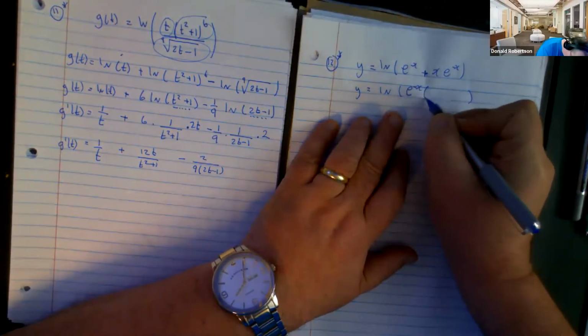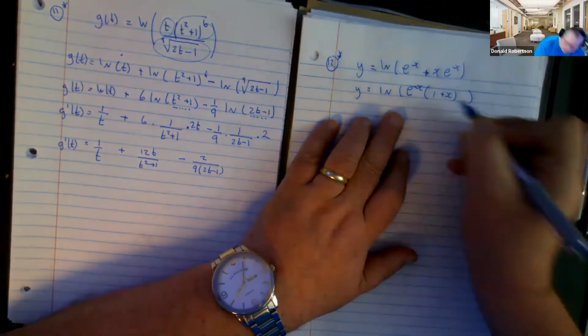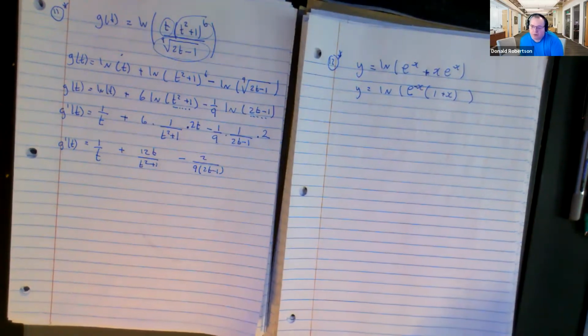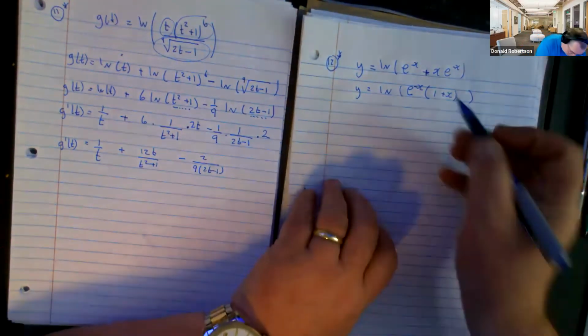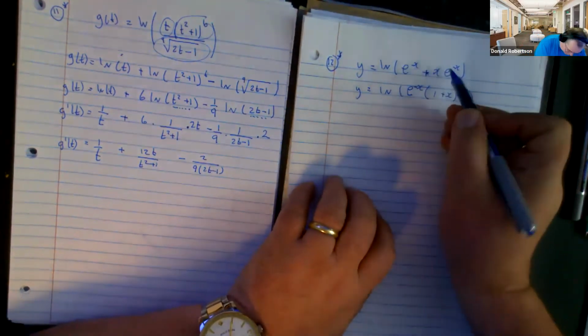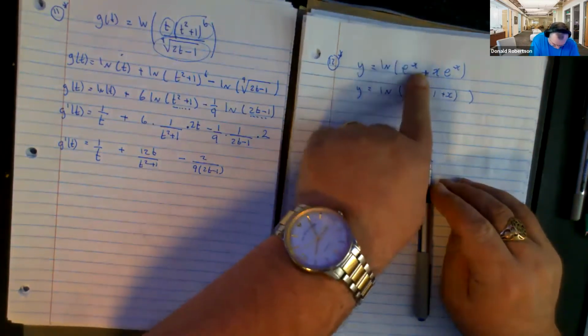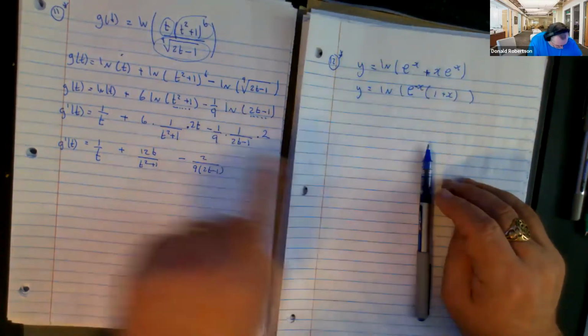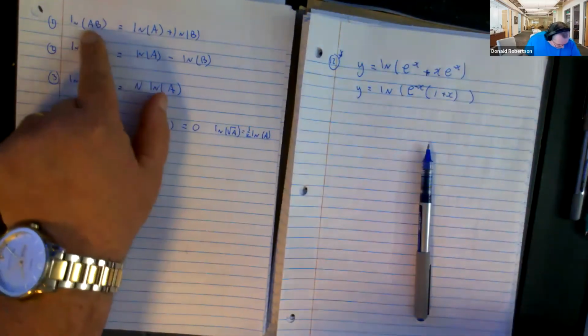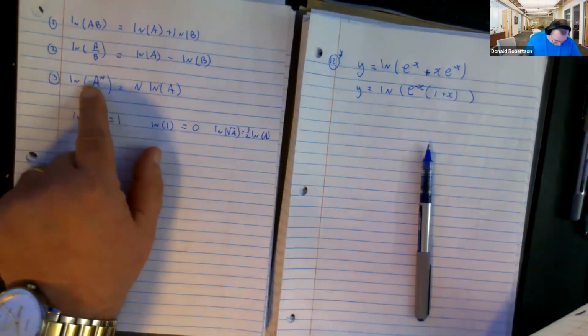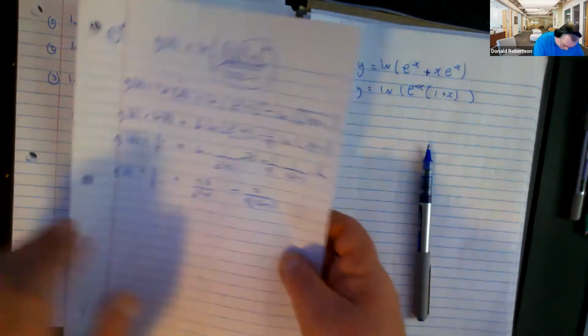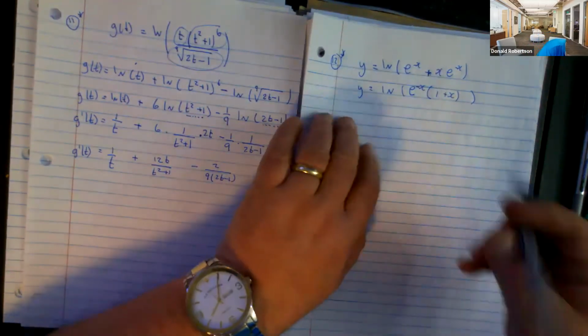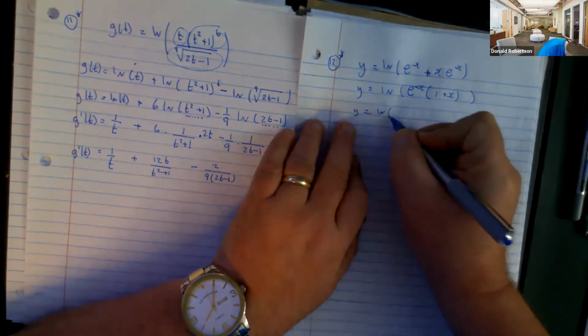And e to the negative x would be a good factor. Now let's see why that might be helpful. Well, in this format, you cannot call this the log of that plus the log of that. Log rules only work for things multiplied or divided or square roots and powers. So pulling this out as a common factor allows me to separate it.